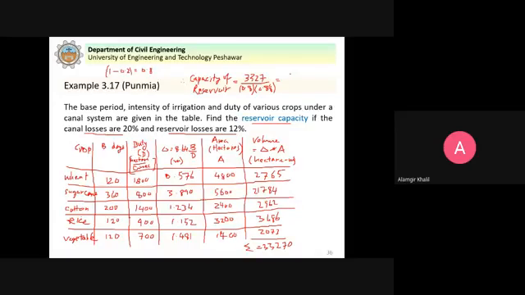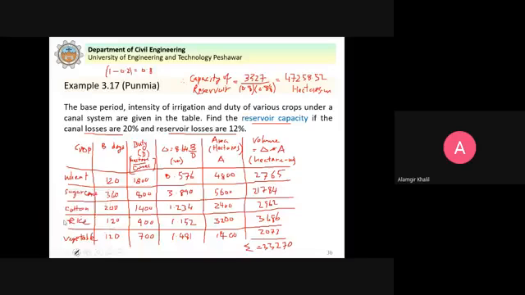So this will be equal to 47,258.52 hectare meter.